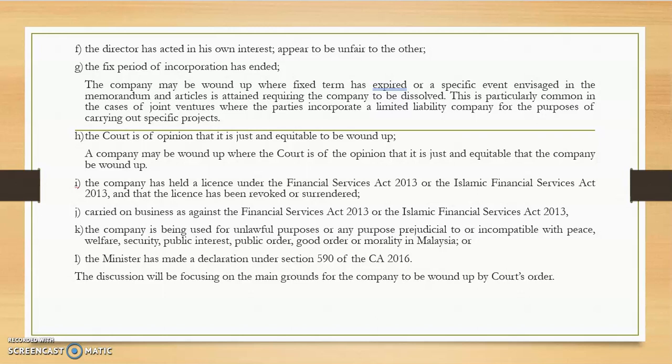And then Section 465, Subsection 1, Paragraph K, the company is being used for an unlawful purpose or any purpose prejudicial to or incompatible with the peace, welfare, security, public interest, public order, good order or morality in Malaysia. And lastly, under Section 465, Subsection 1, Paragraph L, the minister has made a declaration under Section 590 of the Companies Act 2016.